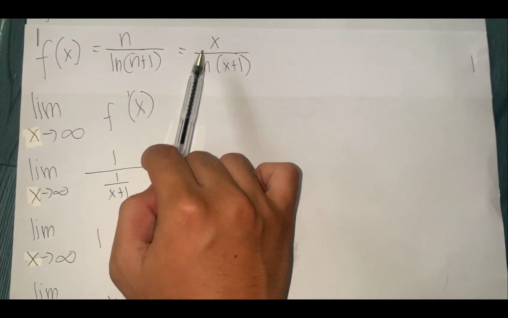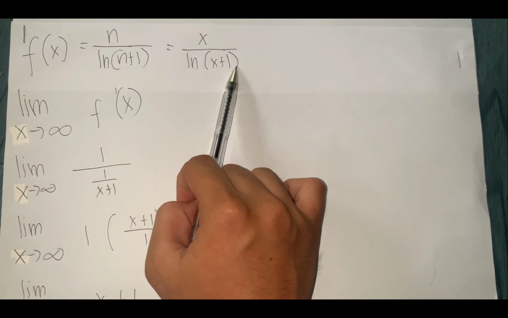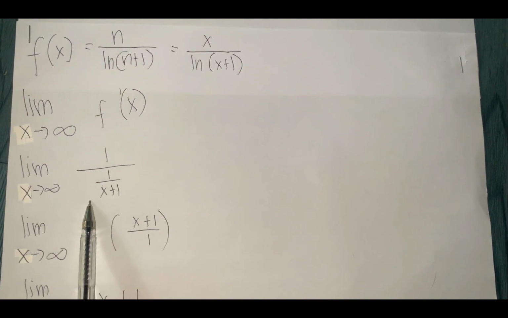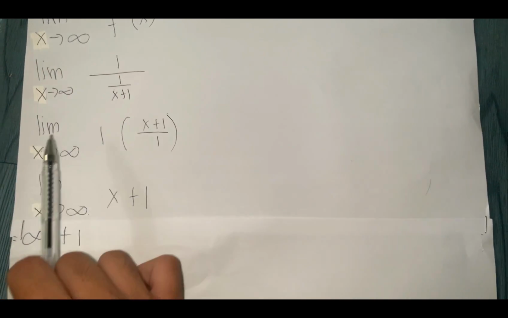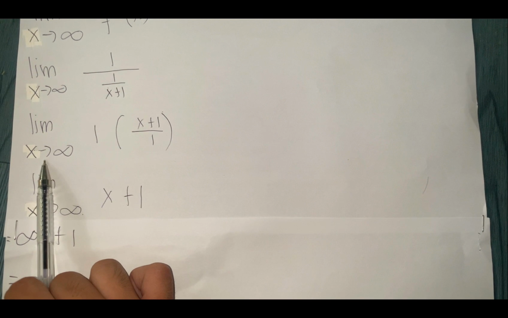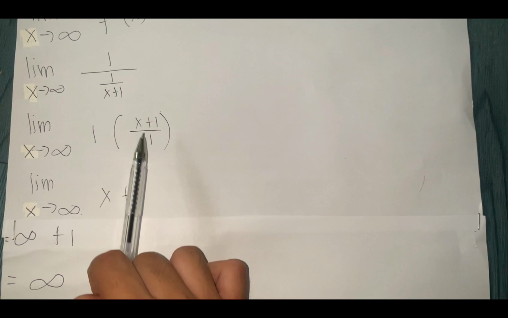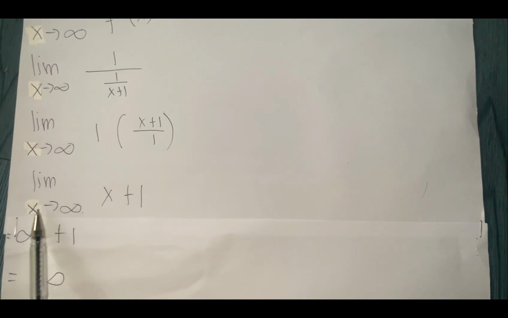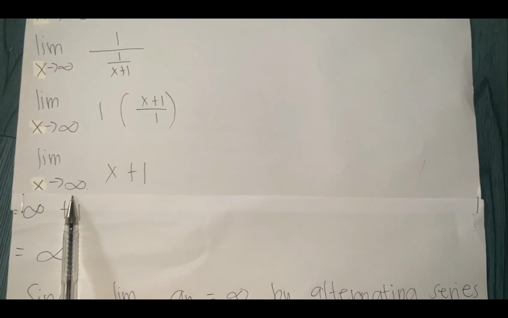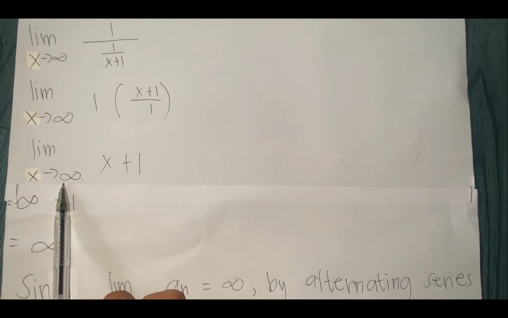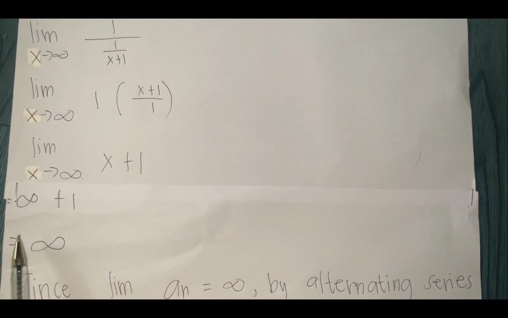The derivative of x is 1, and the derivative of ln(x+1) is 1 over x+1. Let's simplify. We have the limit as x approaches infinity of 1 times (x+1) over 1, which is the limit of x+1 as x approaches infinity. Substituting, we have infinity plus 1, which equals infinity.